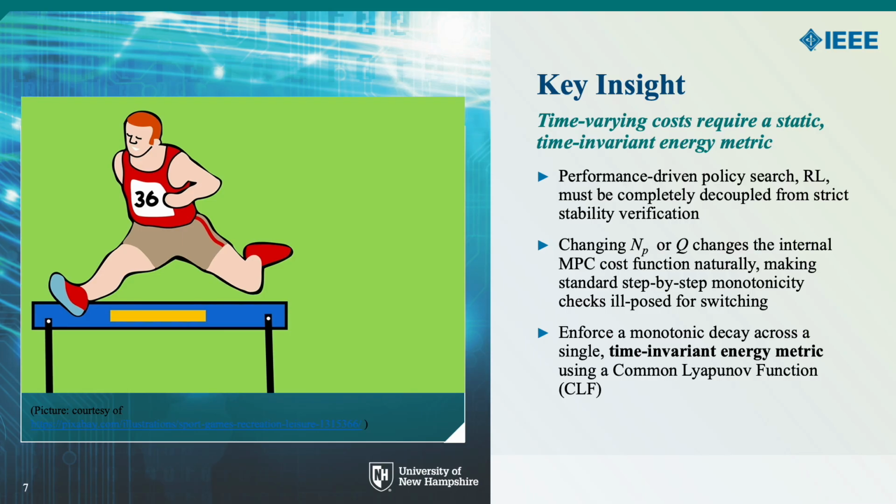Because changing the horizon or state weights naturally changes the numerical value of the MPC cost function, instead, our framework enforces a strict monotonic decay across a single time-invariant energy metric using a common Lyapunov function. This acts as a static ruler to guarantee stability.